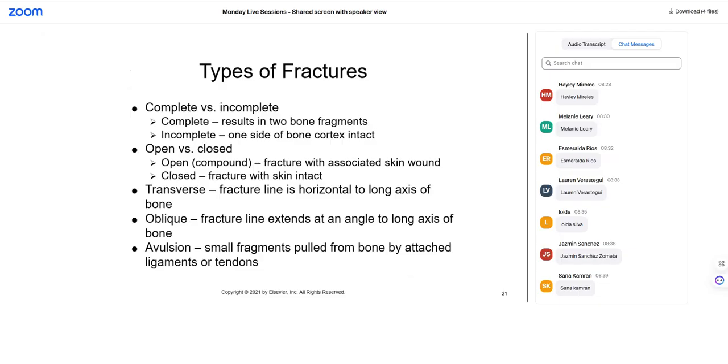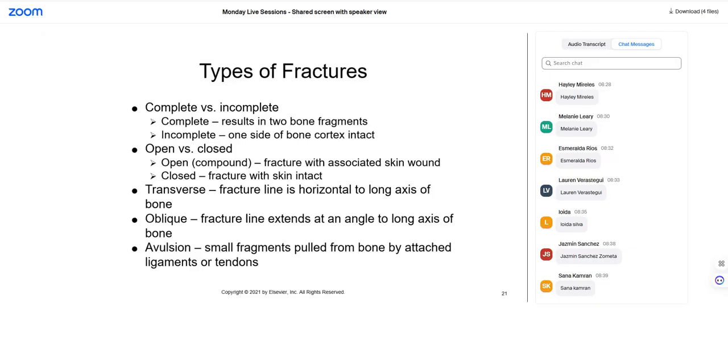All right, let's look at types of fractures. These are terms that you could potentially be asked on the boards, so make sure you understand the difference between them.